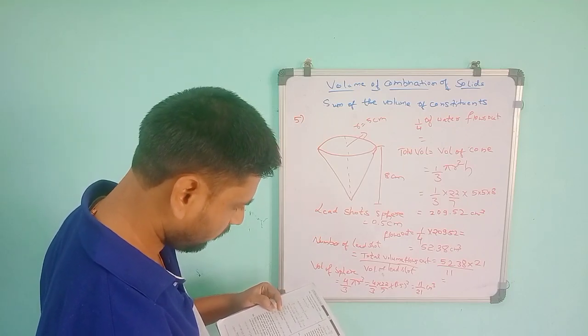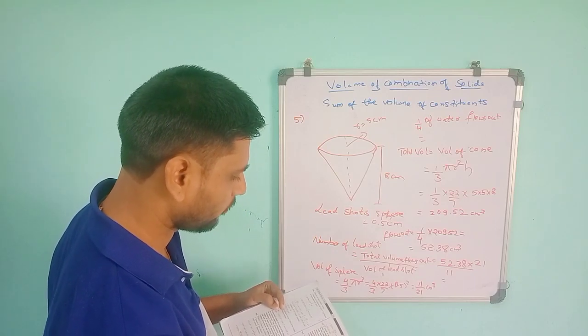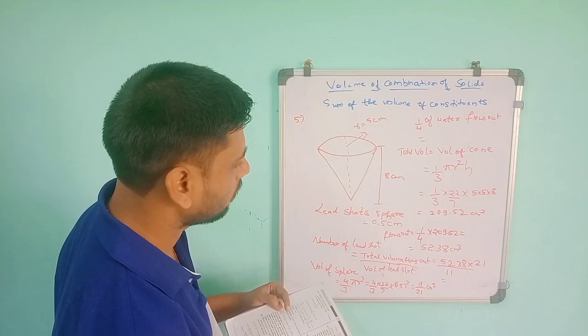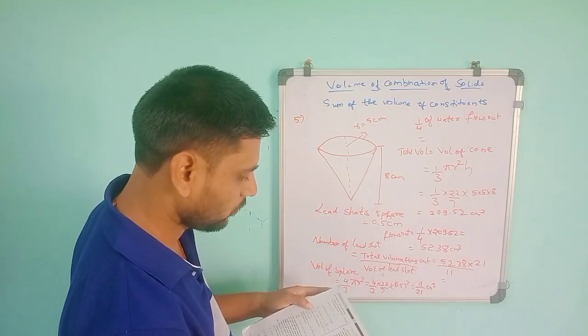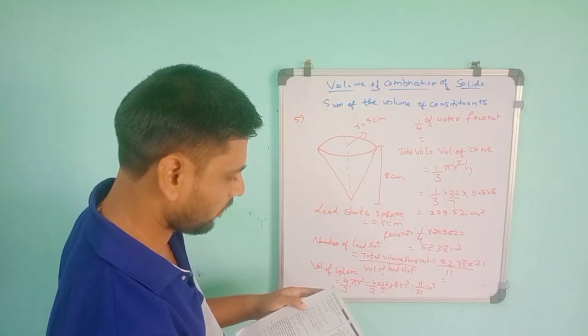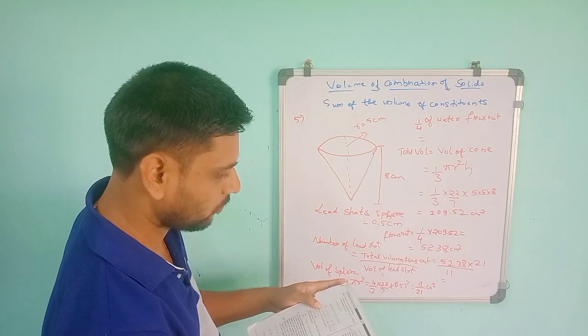The volume of one lead shot is 4 by 3 pi r cube, which is 11 by 21.